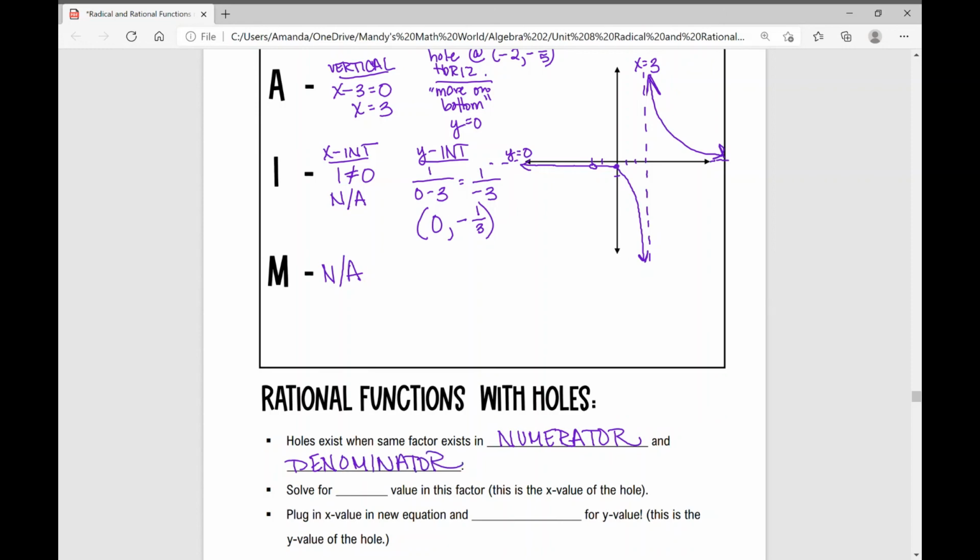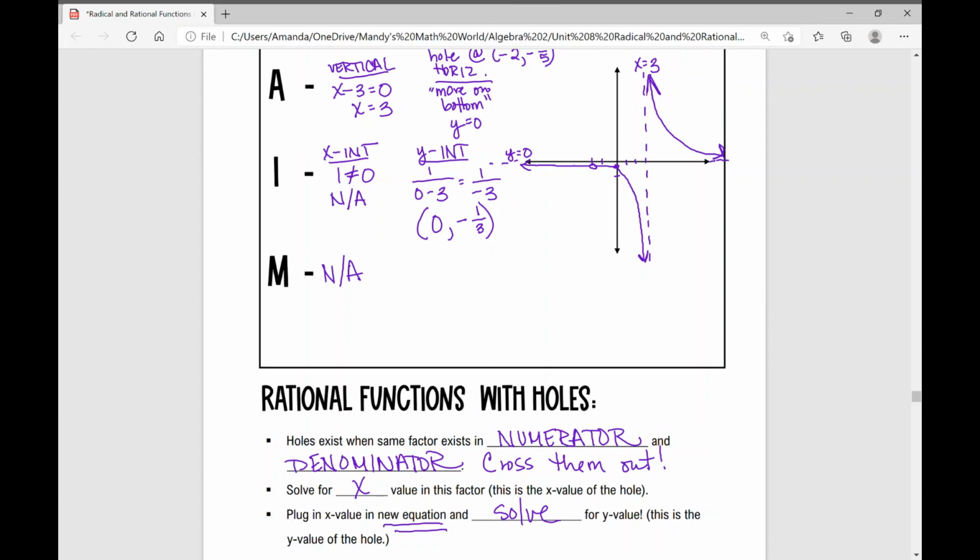So what are you going to do? You cross them out. You solve for the x value in this factor. That's the x value of the hole. Then you're going to plug in the x value into your new equation and solve for the y value. That is the y value of the hole in the function.